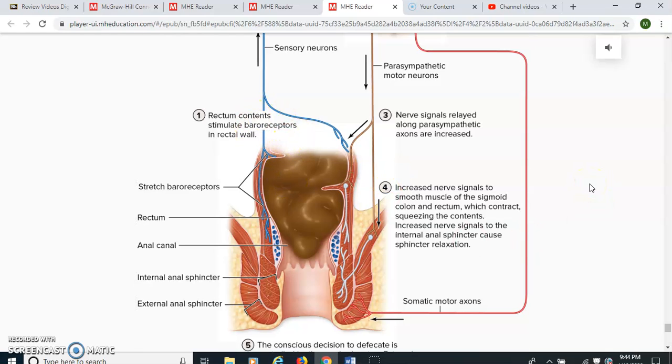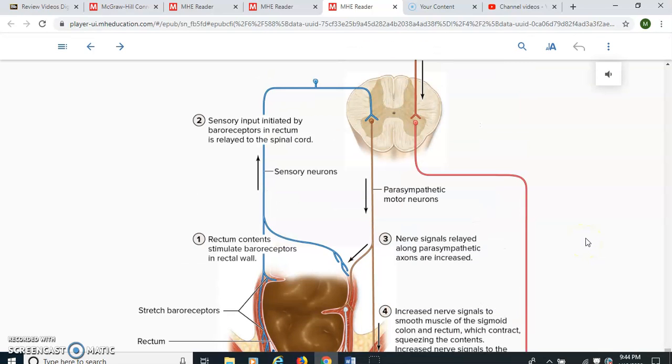So the presence of the stool in the rectum is going to be the stimulus, and there are little receptors called baroreceptors that detect that stretch in the wall of the rectum. So here's the thing, that signal will go just to the spinal cord. The sensory neuron will take that signal to the spinal cord. So the spinal cord is the integration center for this defecation reflex.